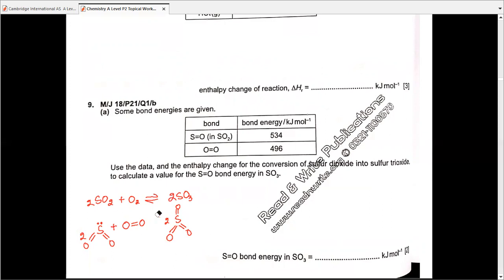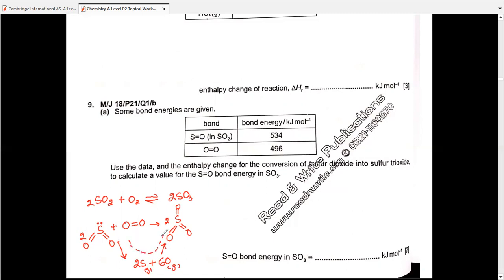I'm going to erase this part. I'm going to convert it into this, and know that it would be converted into 2S plus, that's a total of 6O gaseous, right? And this would be converted into this.